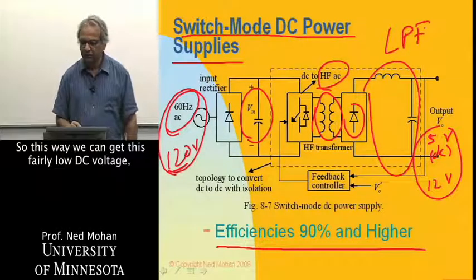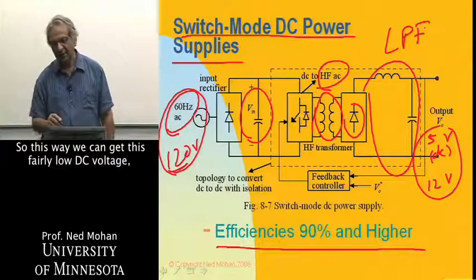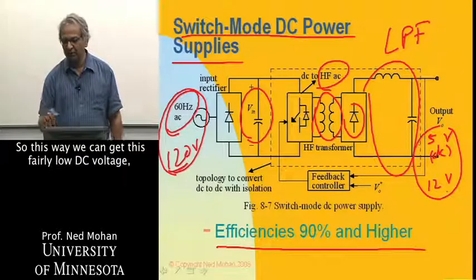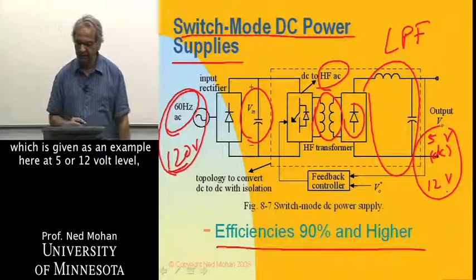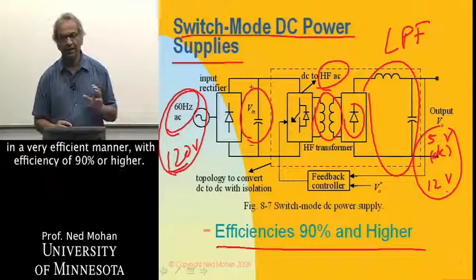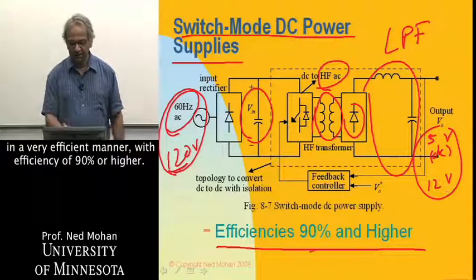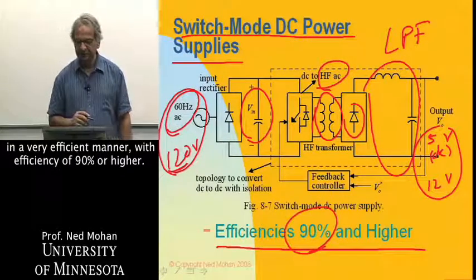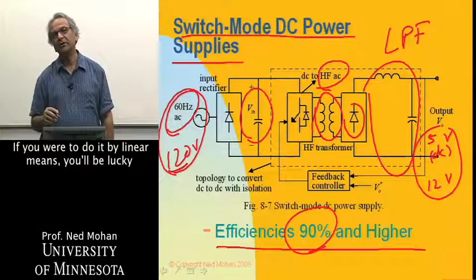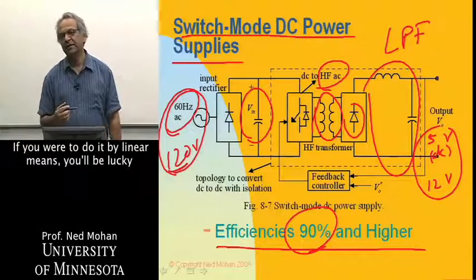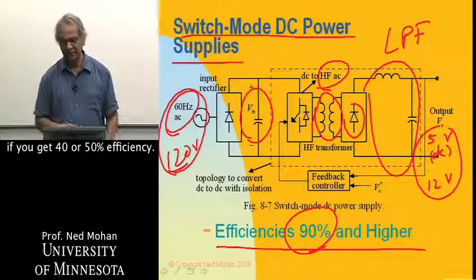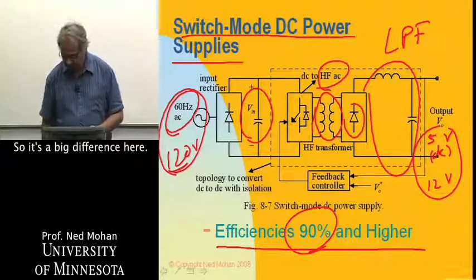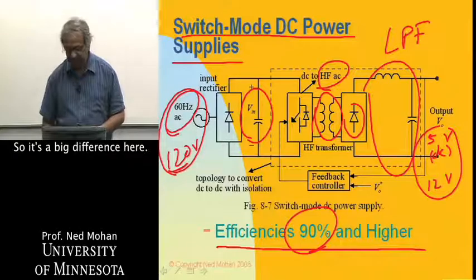Okay, so this way we can get this fairly low DC voltage, given as an example here at 5 or 12 volt level, in a very efficient manner, with efficiency of 90% or higher. If you were to do it by linear means, we'd be lucky to get 40 or 50% efficiency. So it's a big difference here.